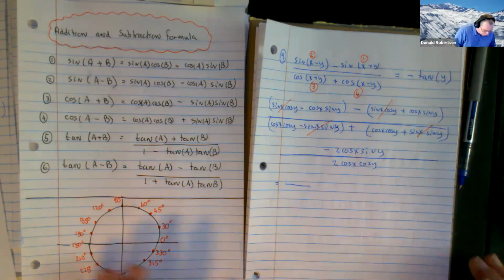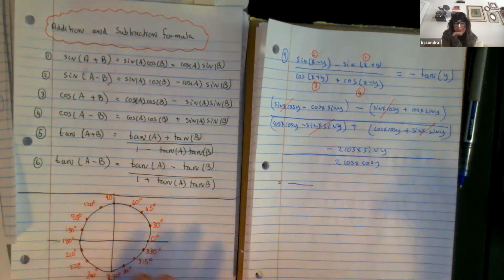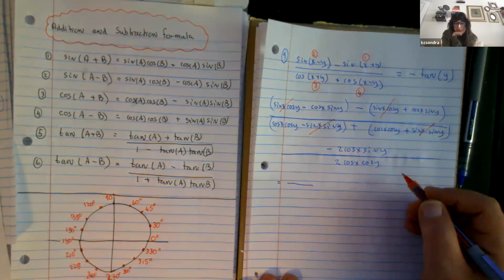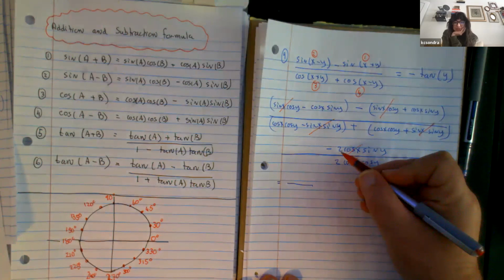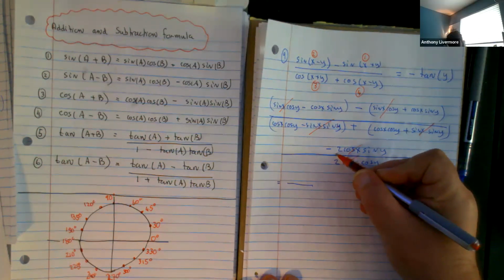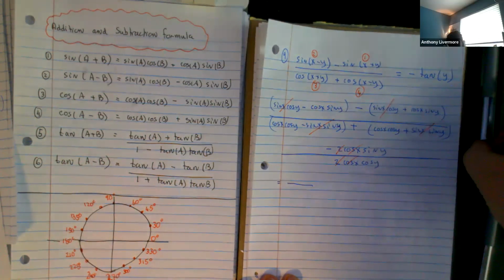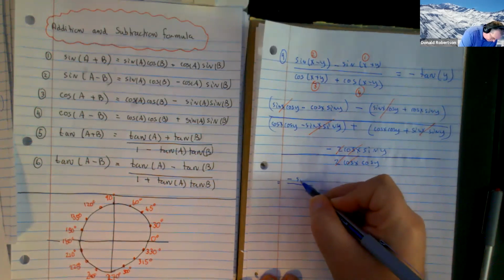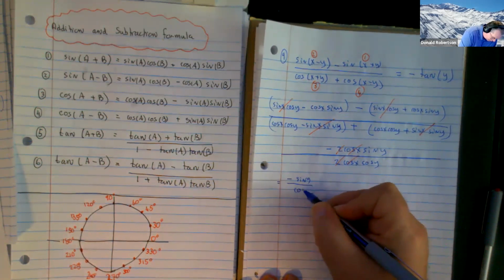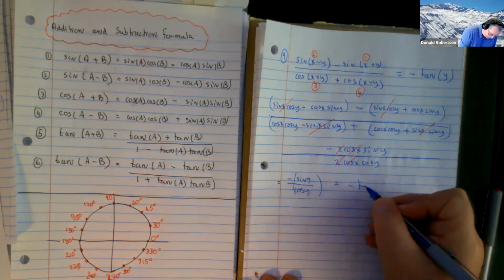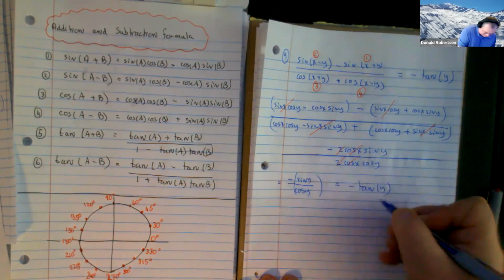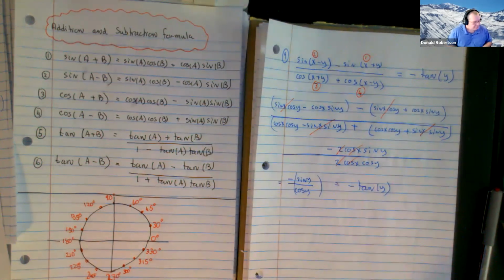Is there something on the top that might cancel something on the bottom? Combine the 2 cosines on the bottom now. Anything else we could cancel? That works out. Can't you cancel out 2's as well? Yeah. And if you do that, aren't you just left with a negative sine y over cosine y? Wait a minute. Isn't that guy a tangent? We're finished.